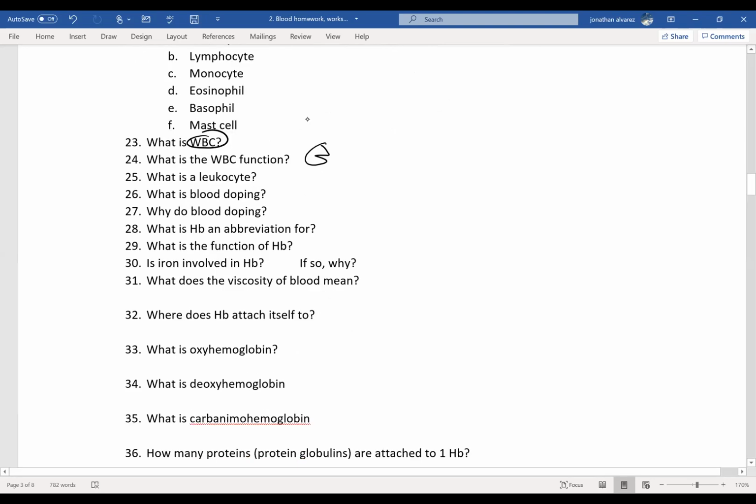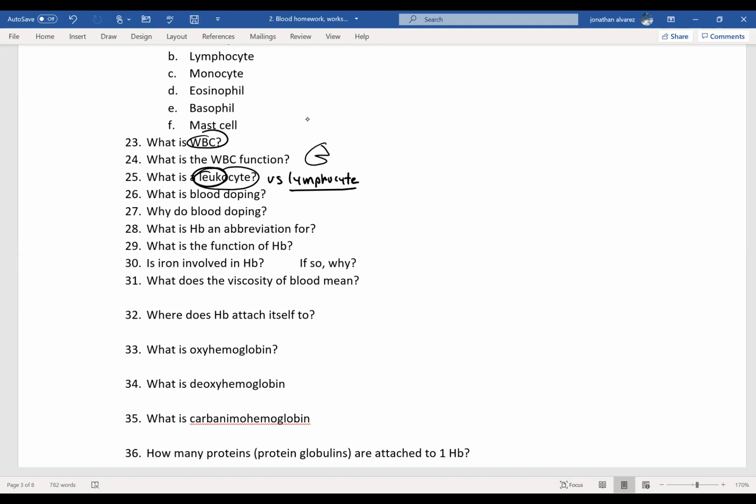Leukocyte versus lymphocyte sound similar. Leuco means white, so leukocytes are white blood cells. A lymphocyte is a type of white blood cell.